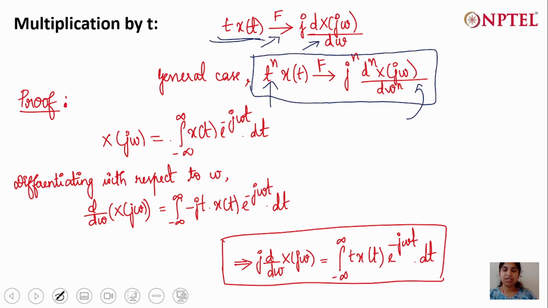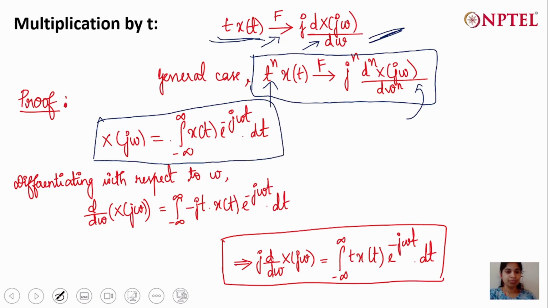For n equal to 1, we have the proof here. This is the formula for the Fourier transform. We are differentiating by omega, so d by d omega of X of j omega. On the right side, only this term has omega.